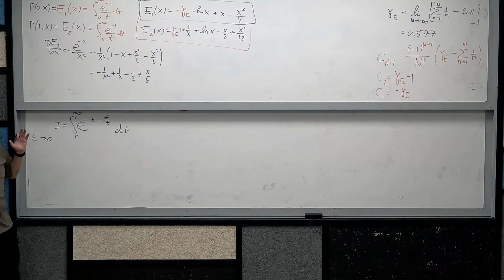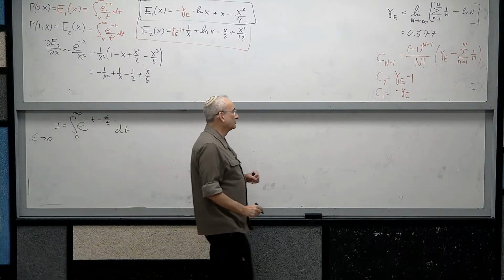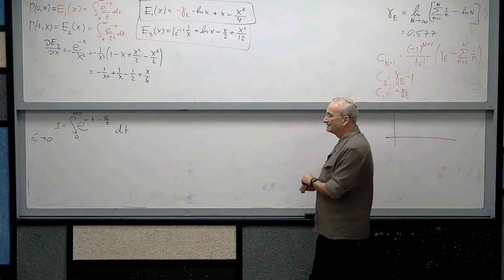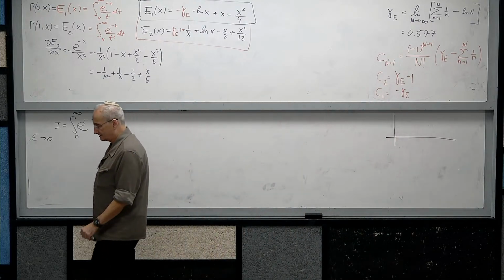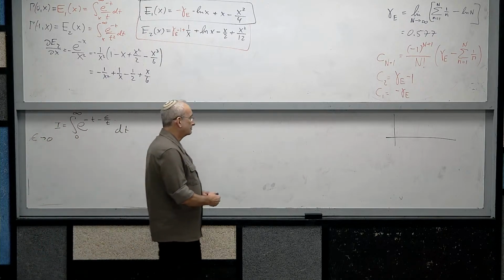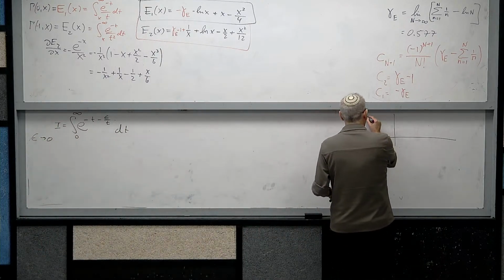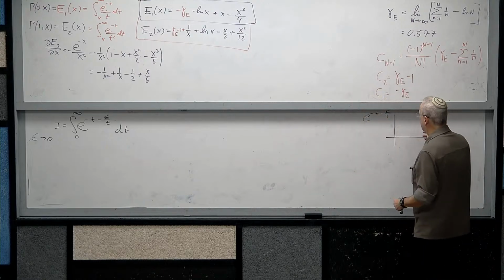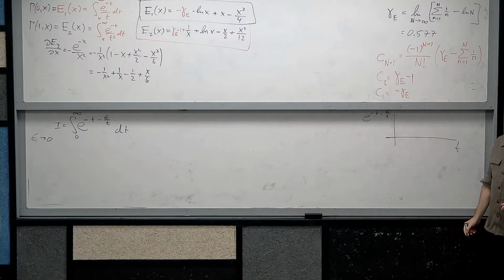It's always good advice when you try to say something about an integral to think about the integrand and how it looks. So this is e to the minus t minus epsilon over t as a function of t. How does this beast behave?